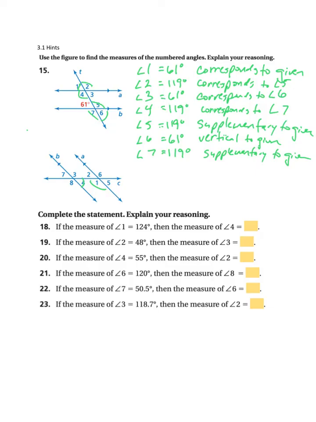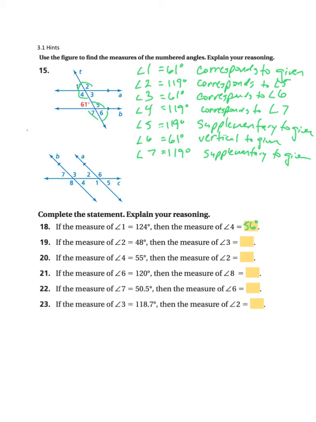And so we can look at this and say, well, 1 and 8 are corresponding angles, and 8 and 4 are supplementary, so therefore angle 4 must be 56 degrees. So we're looking at a corresponding relationship and then a supplementary relationship.